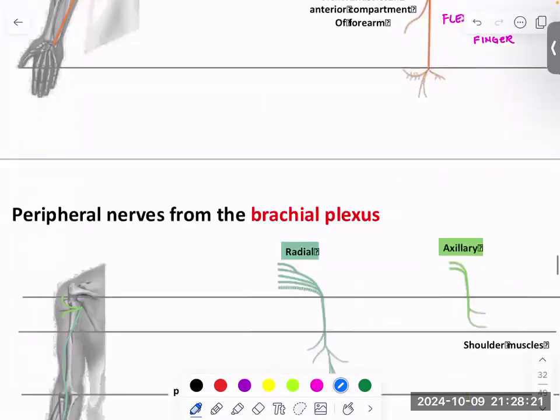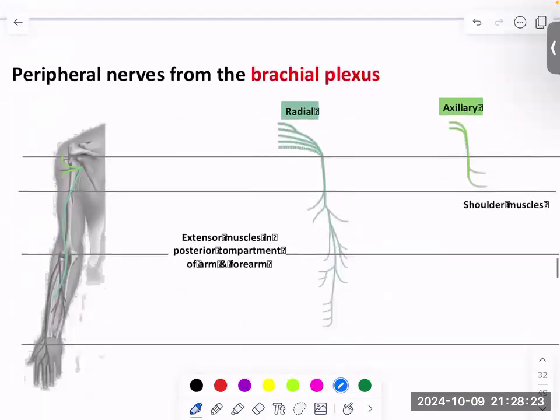The radial nerve, this one is a very complex nerve. So complex, it has a bunch of roots. It starts at C5, C6, C7, C8, and T1. Pretty much the entire brachial plexus makes the radial nerve. This one is responsible for your extensor muscles in your arm.